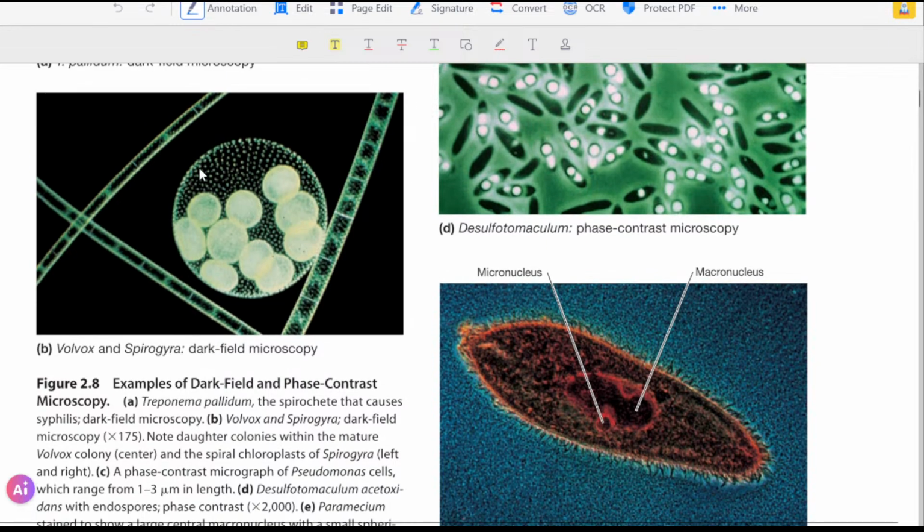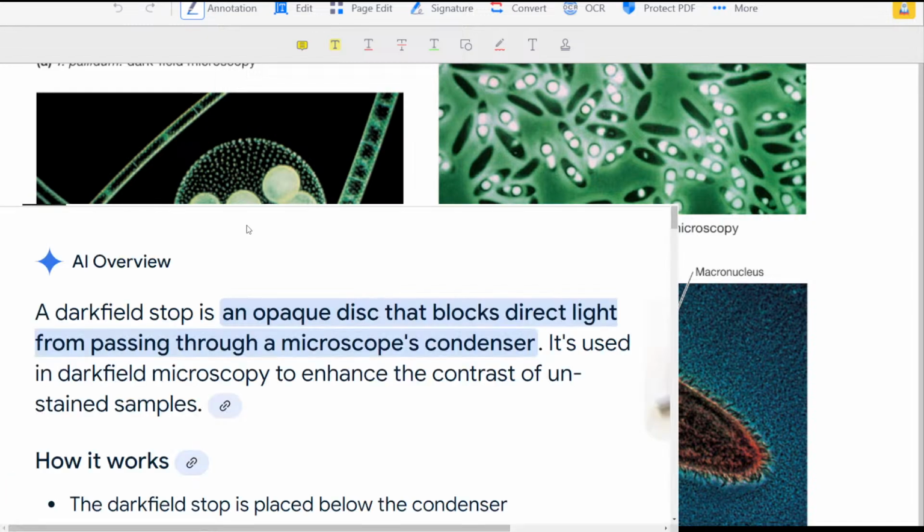Alright guys, so this is a eukaryotic cell, right? So I think Volvox is this rounder one, and the Spirogyra is this one. Give me a second, I need to know. I think Volvox is the rounder one. Spirogyra.